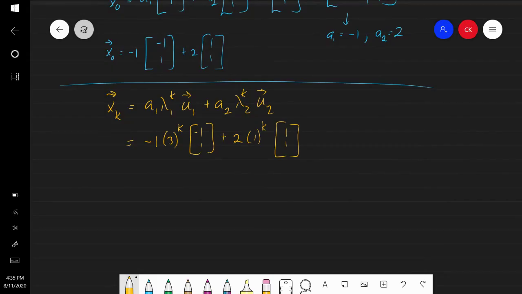And if we go ahead and clean that up a little bit, what we end up with is something that looks like 2 u sub 2 minus 3 to the k u sub 1.